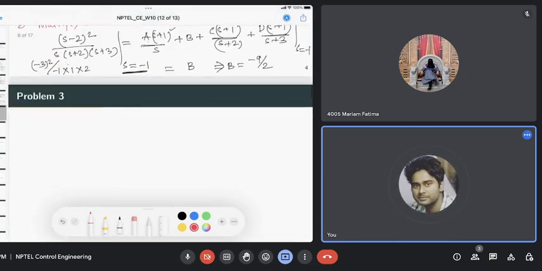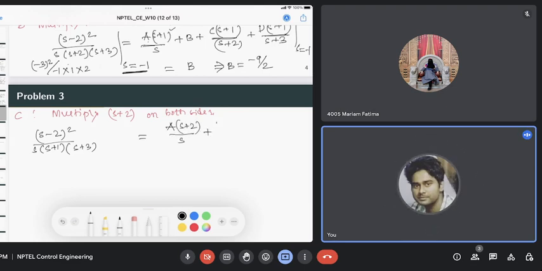So the same approach for c: multiply s plus 2 on both sides. On the left hand side we will have s plus 1, s plus 3. On the right hand side we will have s plus 2 by s, b, s plus 2 by s plus 1. For c, the s plus 2 terms will cancel, so it will have just c, d, s plus 2 by s plus 3.